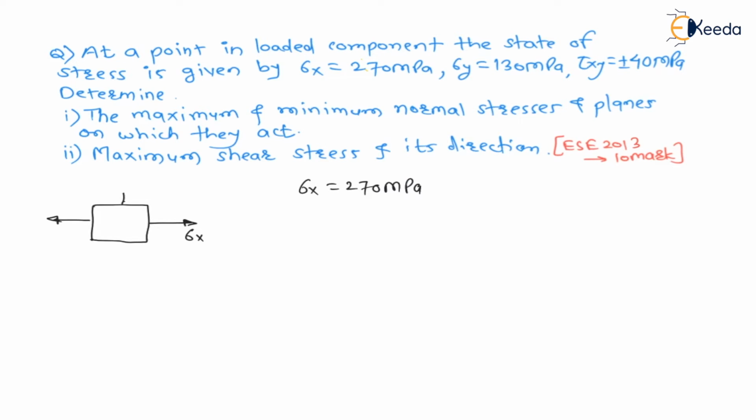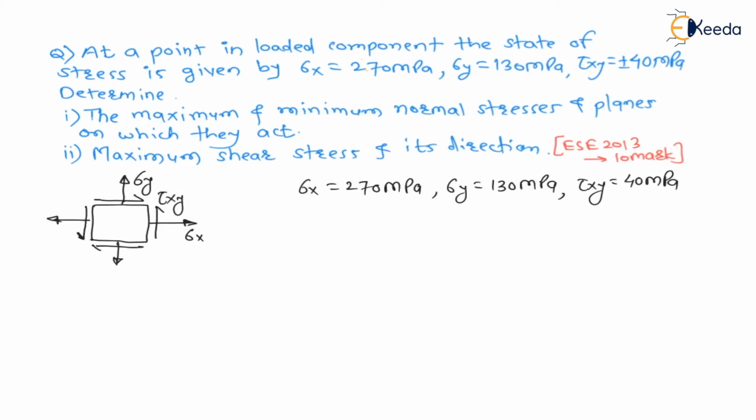Again, sigma y is also provided as positive, sigma y is 130 MPa, tensile. And tau xy is 40 MPa. On the vertical plane there is anti-clockwise shear, and on the horizontal plane clockwise shear. Likewise, this is tau xy, and they have provided 40 MPa.